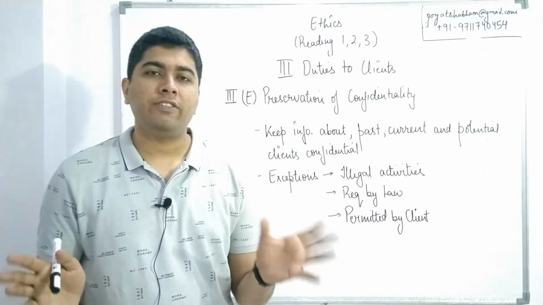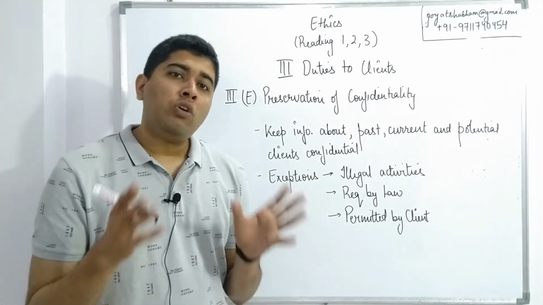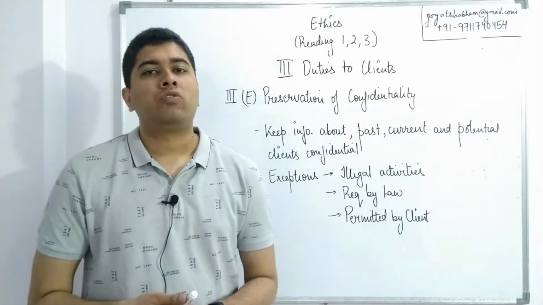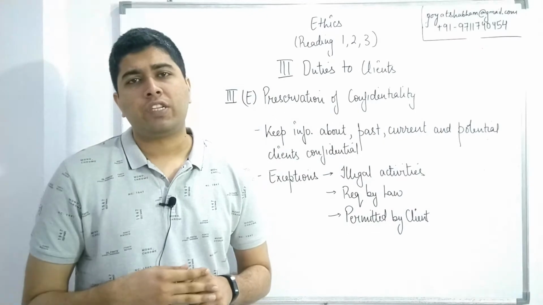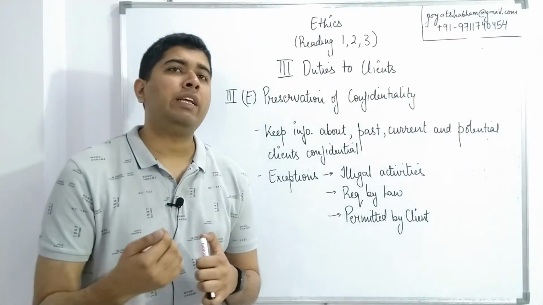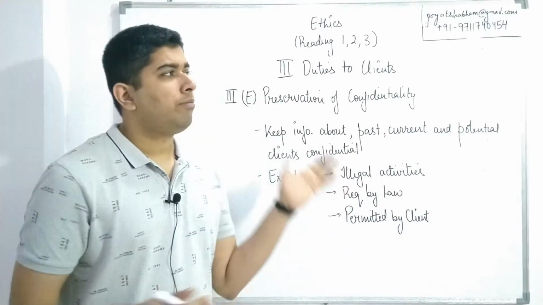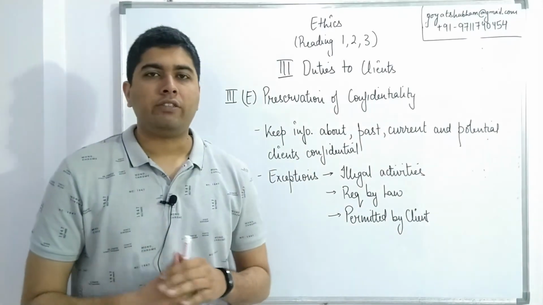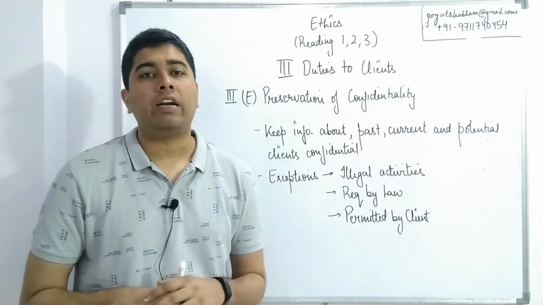Basically, the institute is saying, don't try to act smart with us. You will be required to disclose all relevant information if it is part of a PCP investigation process. You can't simply deny your cooperation by saying, well, I'm preserving the confidentiality of my clients. No. So that concludes the entire standard 3.